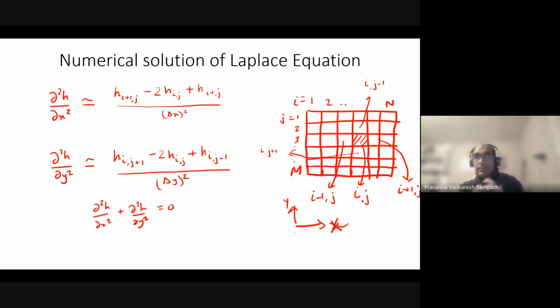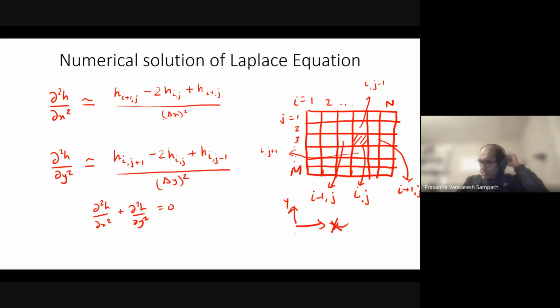And the second term can be expressed by this i comma j plus 1, i comma j minus 1, and again minus 2 times h of i comma j. So this is a numerical approximation of this particular partial differential equation that we have. Now, remember that I have written this equation for some random cell i comma j.